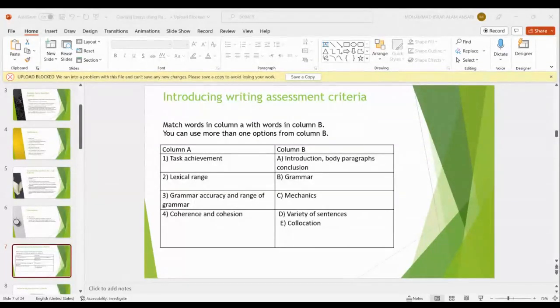Because it's related to the format. So format comes under the category of coherence, and cohesion is about the transition signals or cohesive devices that you use. Lexical range is all about collocations, words, and development of ideas.